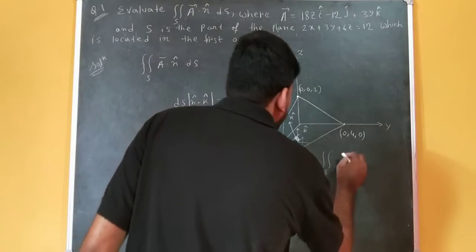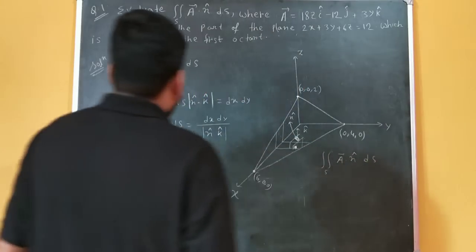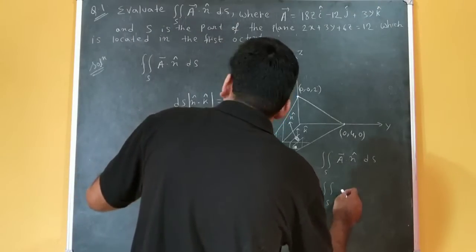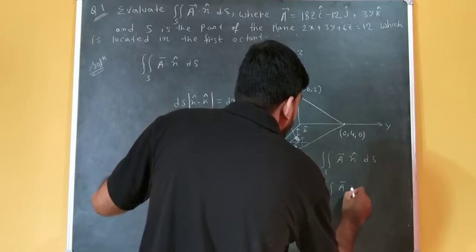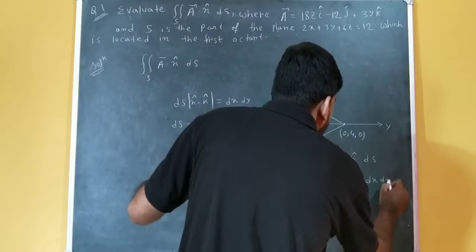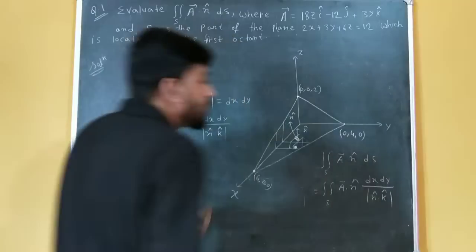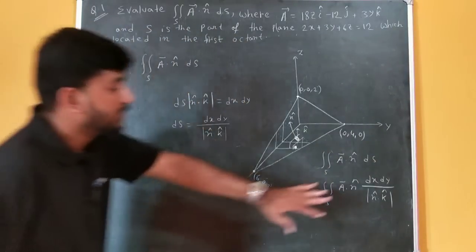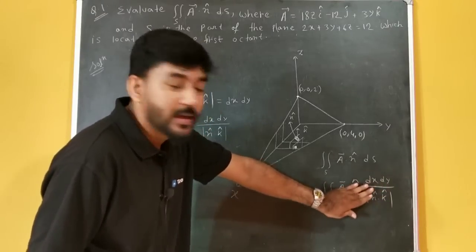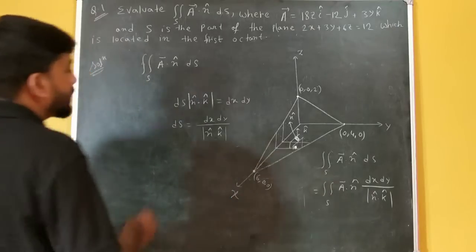We have to integrate this function, A dot n cap dS, and instead of dS we can write dx dy divided by mod n dot k. So first we have to find n cap, then n dot k, then put it here and integrate. So now let me find n cap first.